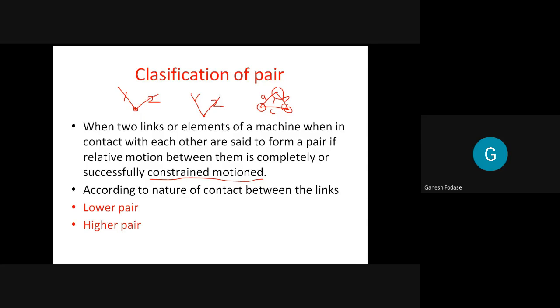Understood? So there must be a relative motion between the two. Then only I can call it a pair of elements, and these two can be treated as separate links, not a single link. I hope you understand the concept of link and pair. Yes? Any doubt?